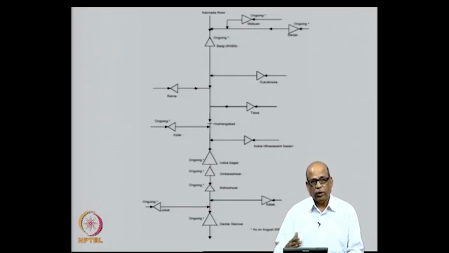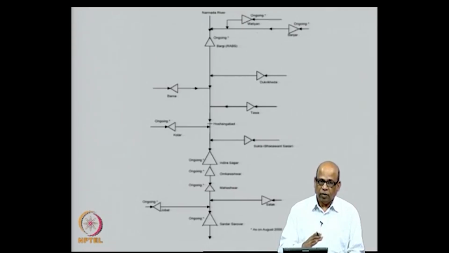So, at least about 20 to 30 years of data is available at major locations, and in fact, reconstructed data is available for much longer length and so on. So, this is a good system to analyze, and also the Narmada Control Authority maintains records of the data in a very good manner, and therefore, it is available for analysis.